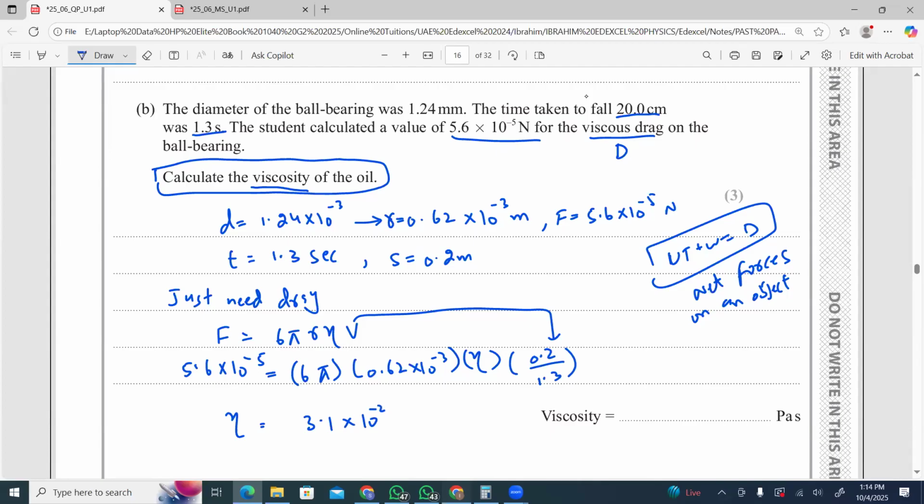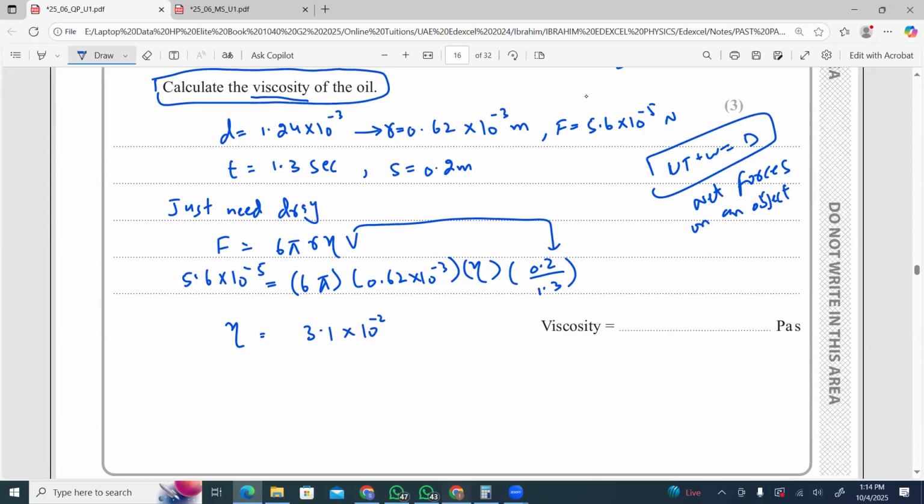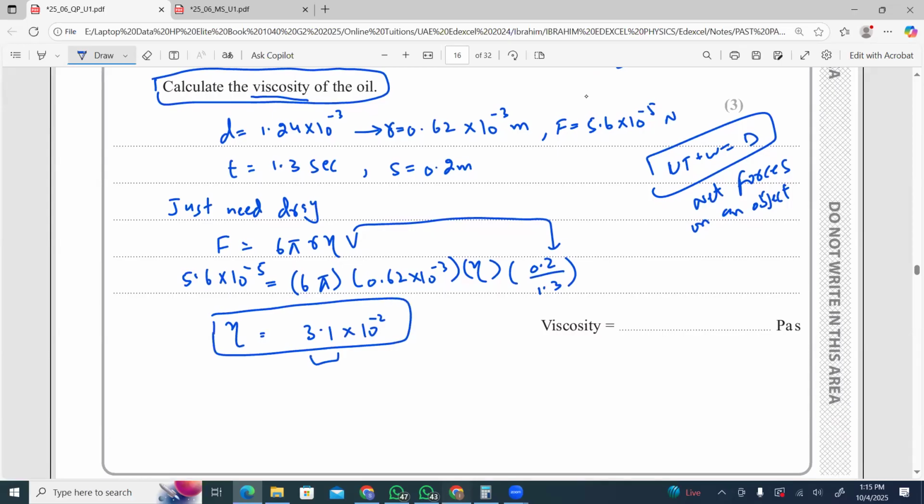Okay. Now you can see that here you have two significant figures and here you have three significant figures. So I believe you have the option to write whether in 2 significant figures or 3 significant figures, but the mark scheme always prefers to write the answer in the least significant figures.